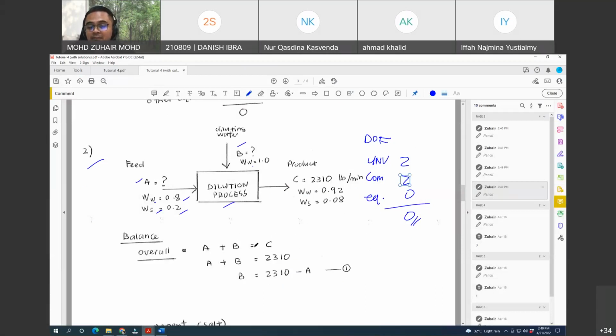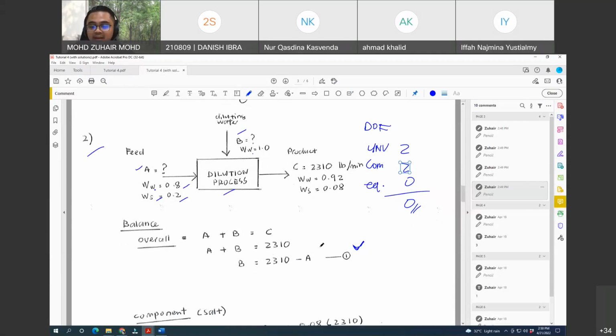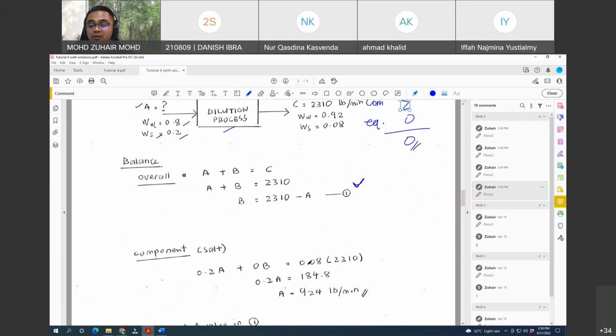From A plus B equals C, we do some arrangement, so B equals 2310 minus A. This is equation 1, which we will use later in order to solve this.